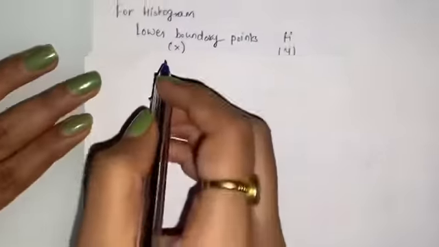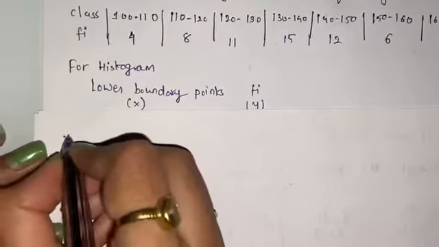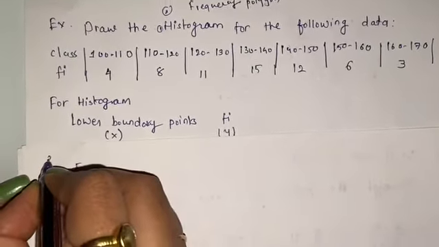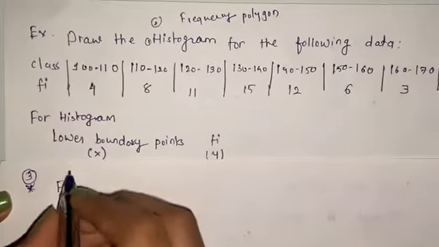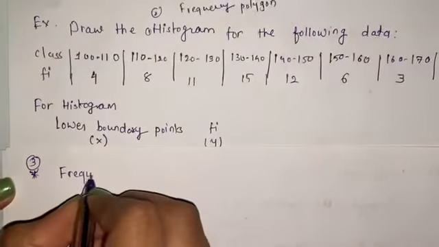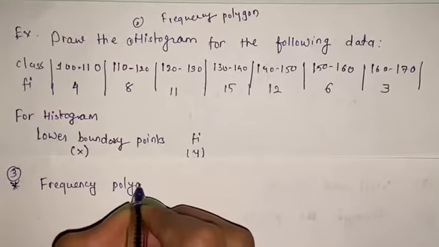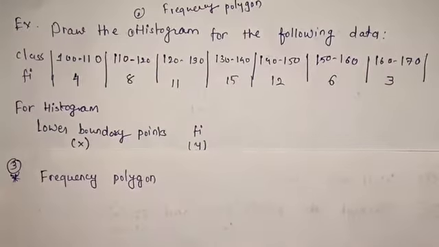So I will start writing midpoint. How will you find the midpoint? This is the third or second, as you have to write, frequency polygon.